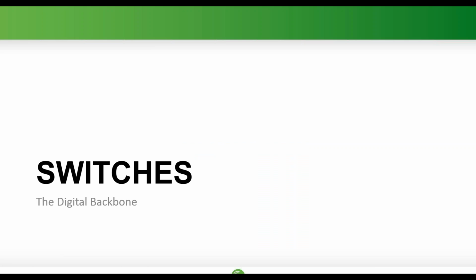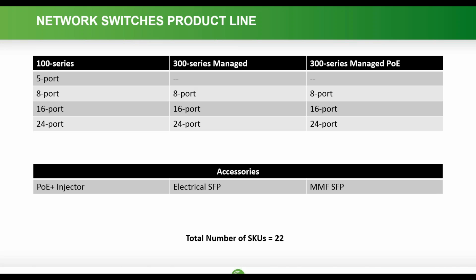So I'm going to jump into the first line of the product, which is the switches product line. This is the most popular one. We launched the switches line at the end of 2013, correct myself, the beginning of 2014. And currently in the market, we have a total of 22 SKUs.